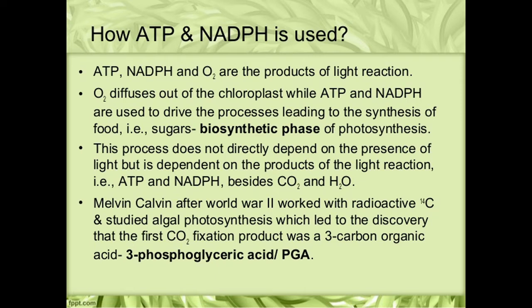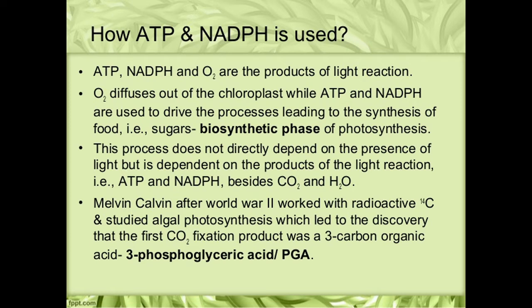Then paper chromatography technique. Paper chromatography technique is a technique of separating the photosynthetic compounds from a complex mixture of organic compounds. In this, the plant tissue is extracted with a solvent. A few drops of the extract are applied to a corner of the filter paper.